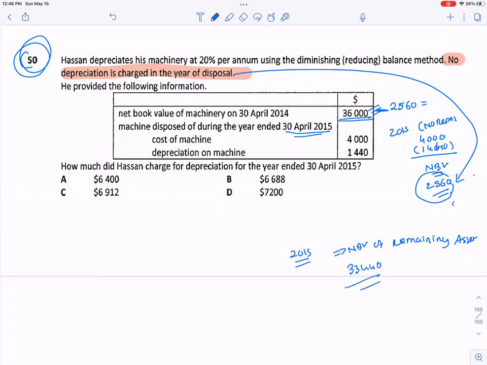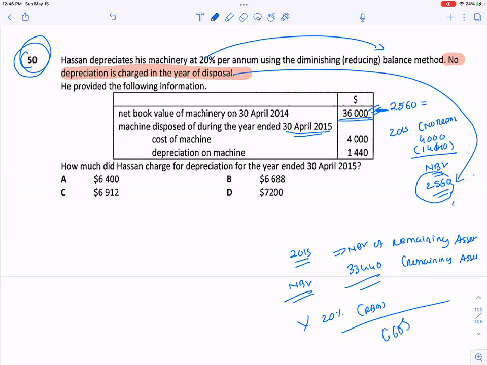Now, these are my remaining assets and the net book value of the remaining assets. 20% on reducing balance method. So 20% of this amount. In reducing balance method, you charge depreciation on the net book value. 6688.